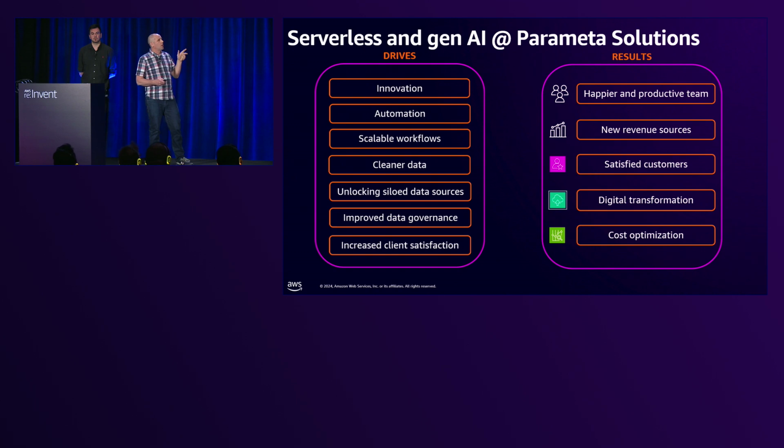Two of the pillars of Parameta's strategy are digital transformation and cost optimization, and by moving your workflows onto the cloud, it's helping us to achieve these. And generally, we have a much happier, productive data science team because they're using this new technology. And of course, satisfied customers.